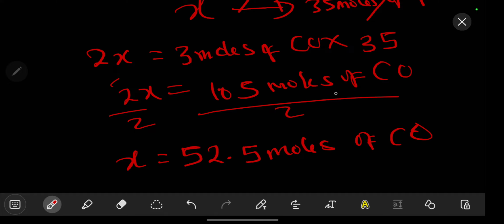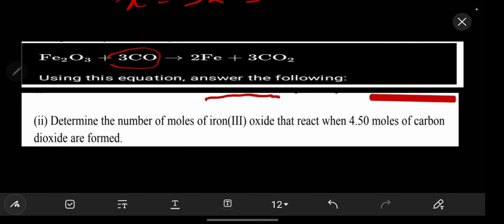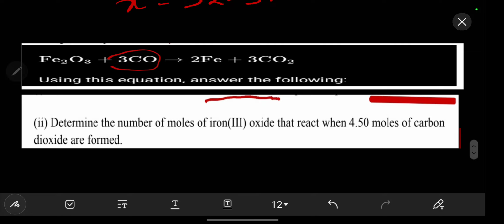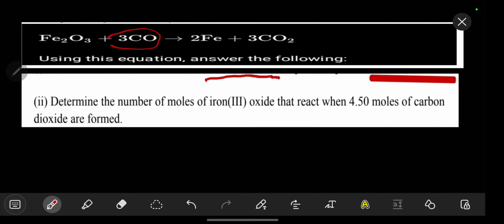Let's look at our next problem. Our second part says, determine the number of moles of iron(III) oxide that react when 4.5 moles of carbon dioxide are formed. So same approach. They are talking about the moles of iron(III) oxide. From the balanced chemical equation, you have a 1 there.